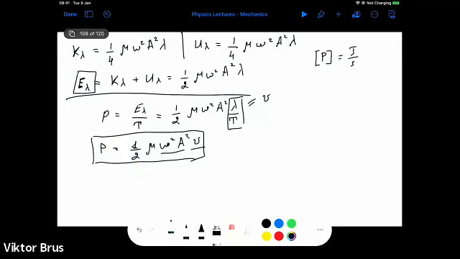That happens because all of these types of waves have sinusoidal nature. They change the parameters by which they are defined according to a sinusoidal law.